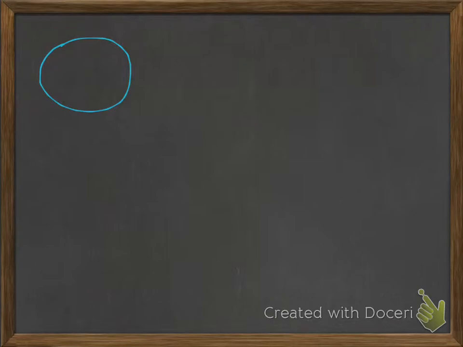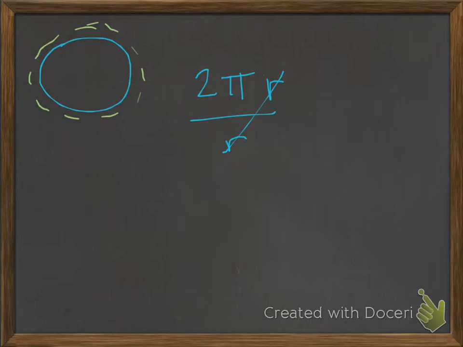So the circumference of an entire circle is 2 pi r. This is assuming that my intercepted arc is the whole way around. And then that formula said I take the length of the intercepted arc and divide it by the radius. So notice the r's would cancel. So 1 full circle has 2 pi radians.